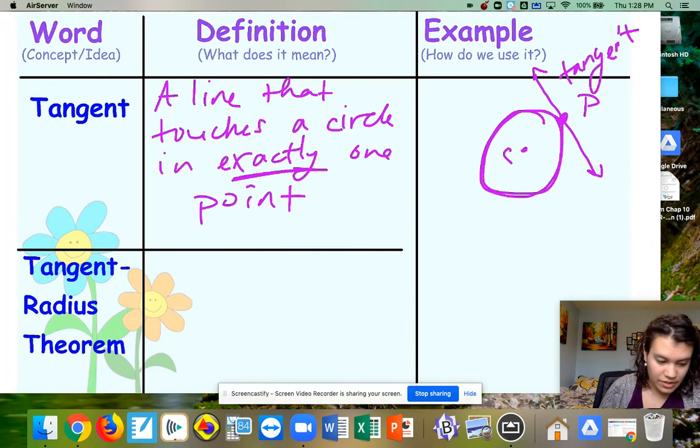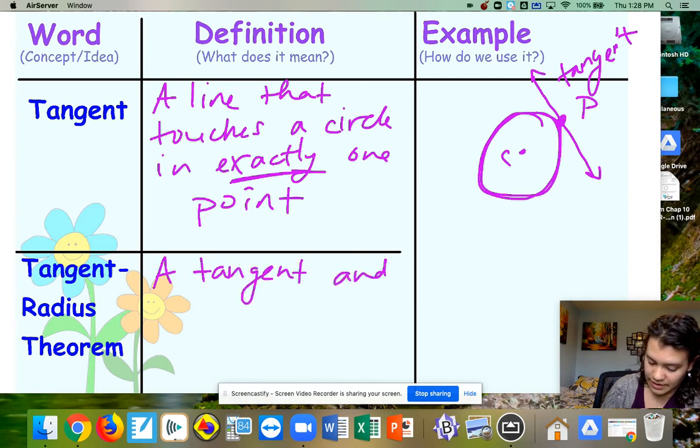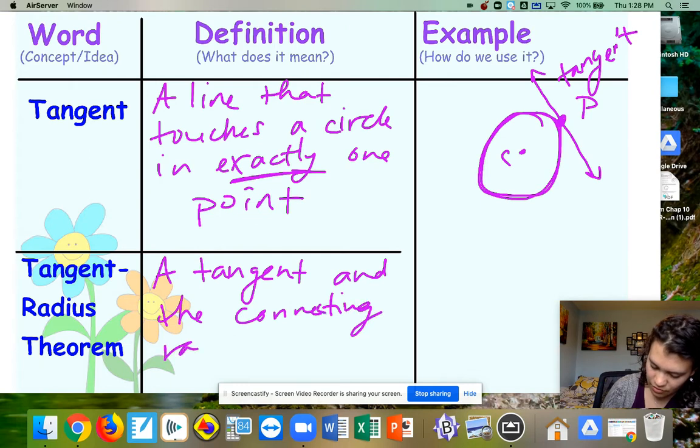All right, so the tangent radius theorem says if a tangent and the connecting radius are perpendicular.